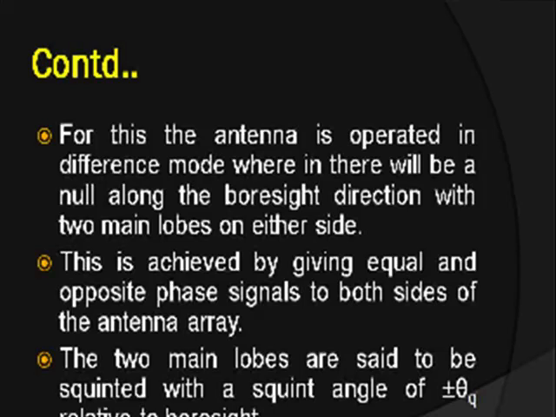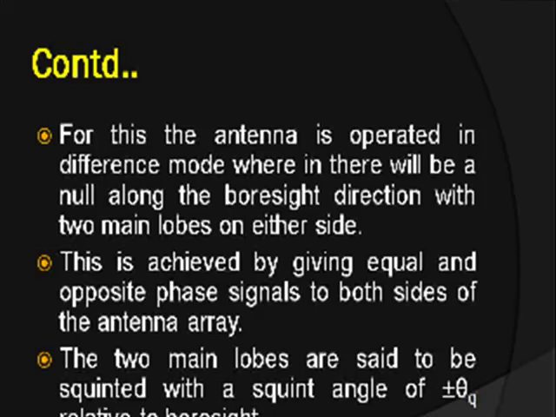Then this antenna pattern is placed in the direction of the incoming target. If the bore side direction and the target direction are same, then the two beams placed on adjacent sides of the target will be receiving equal amounts of signals, and when you compare them, the output of the comparator will be 0.